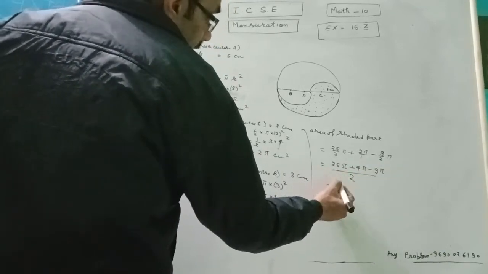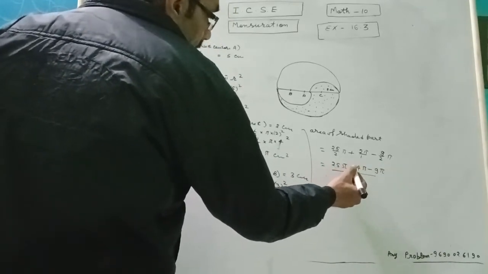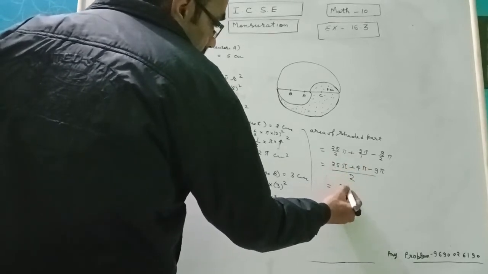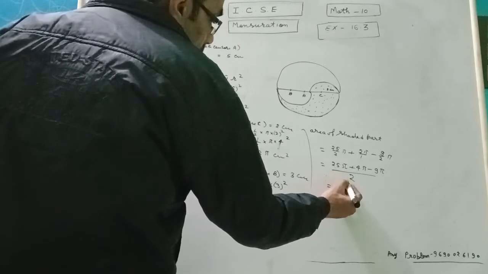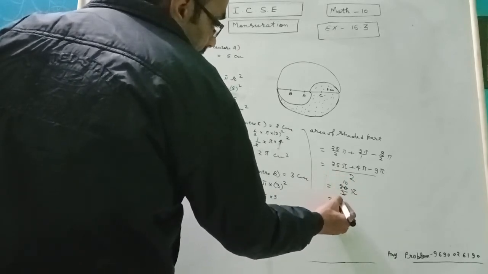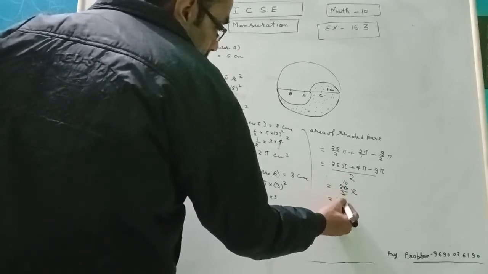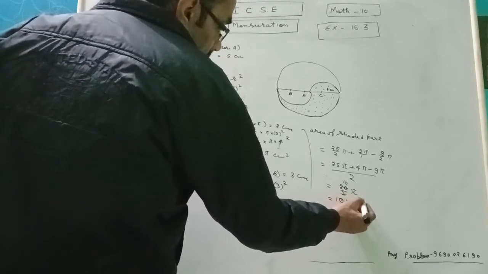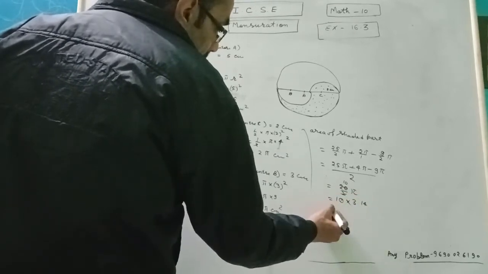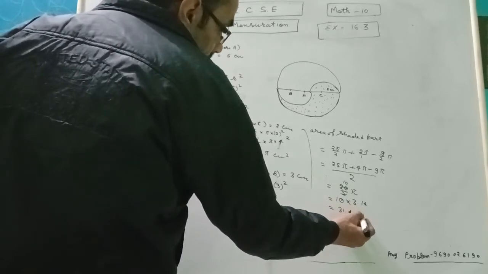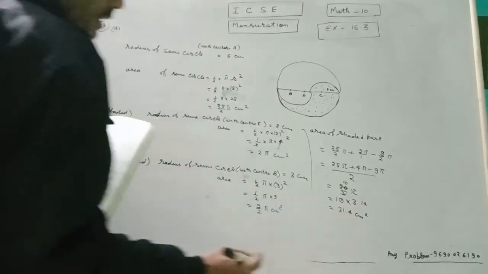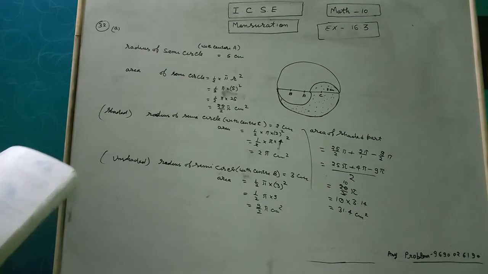After subtracting, 20 upon 2 pi, divided by 2, 10 into pi value is 3.14. After multiplying, 31.4 cm square is the area of shaded part.